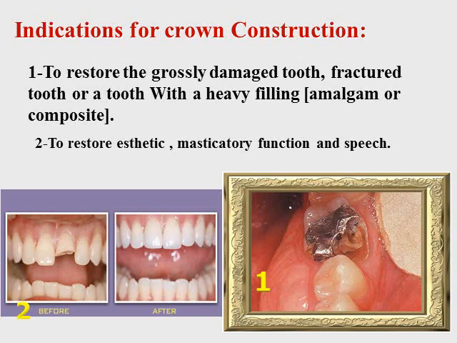As you see in picture number 2, you have a big fracture of the anterior tooth. The speech and the aesthetic of the patient will be affected. So when we do a crown for this fractured tooth, we will restore the aesthetic and the function.